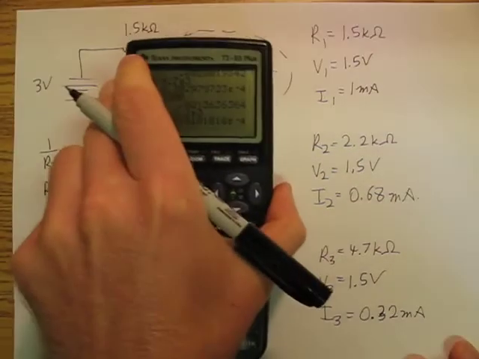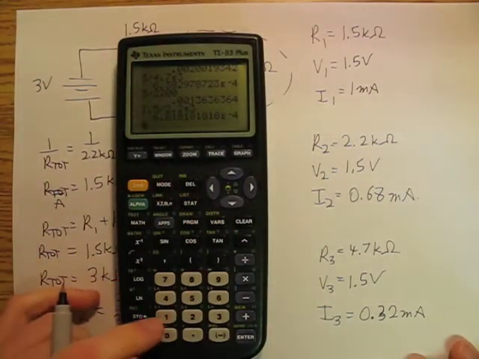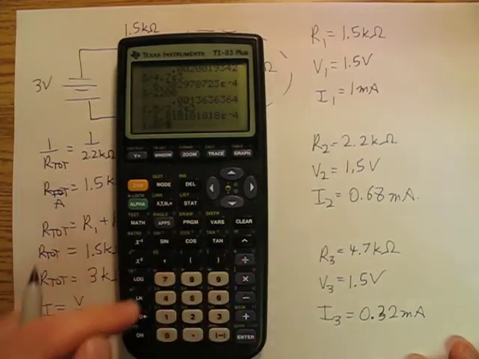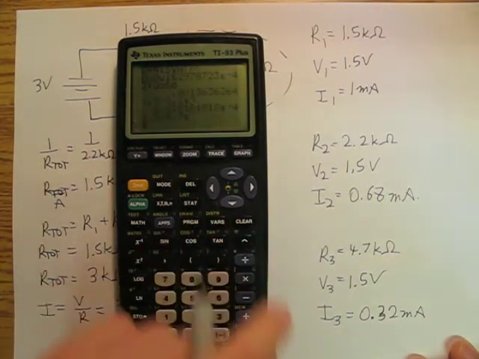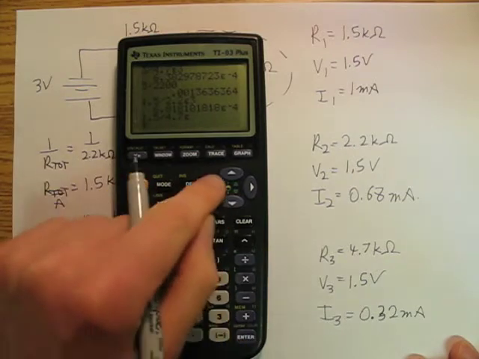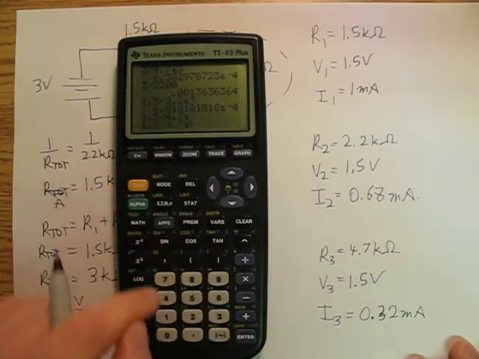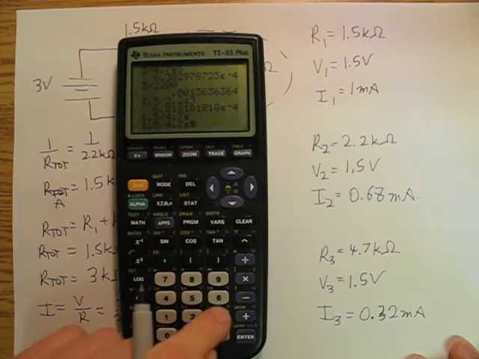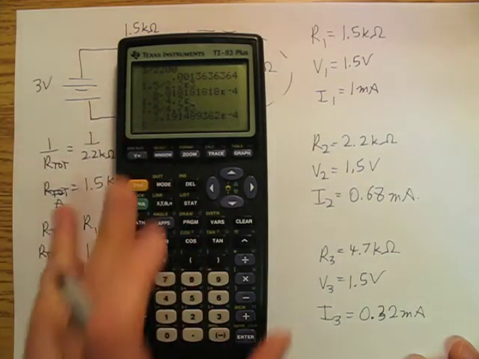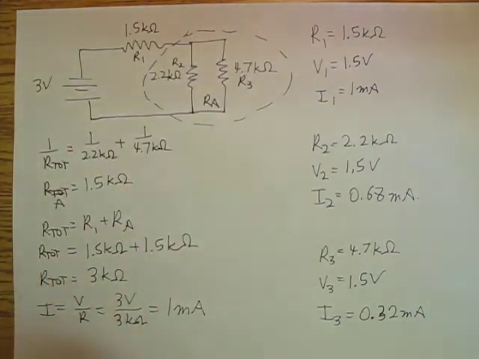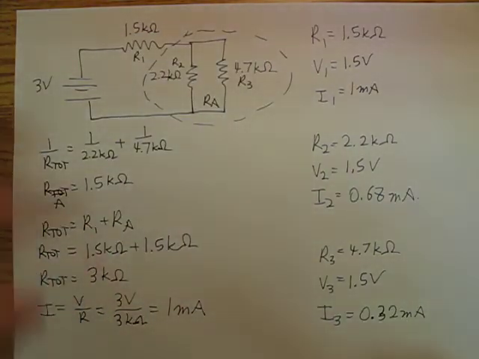Just to make sure, we'll try 1.5 divided by 4.7 E3. I didn't do the E3 at first, but with E3 I get 0.32 milliamps.